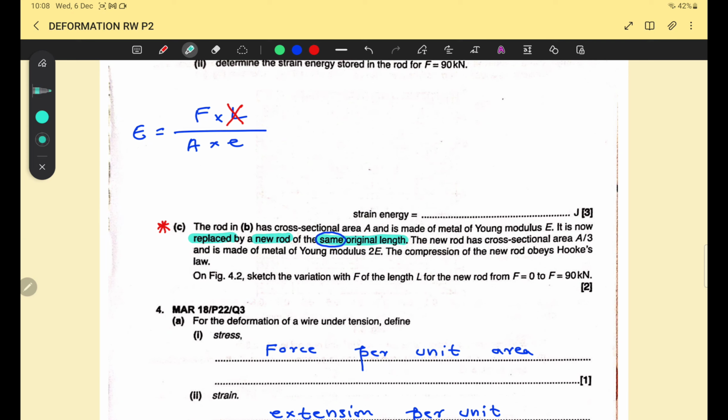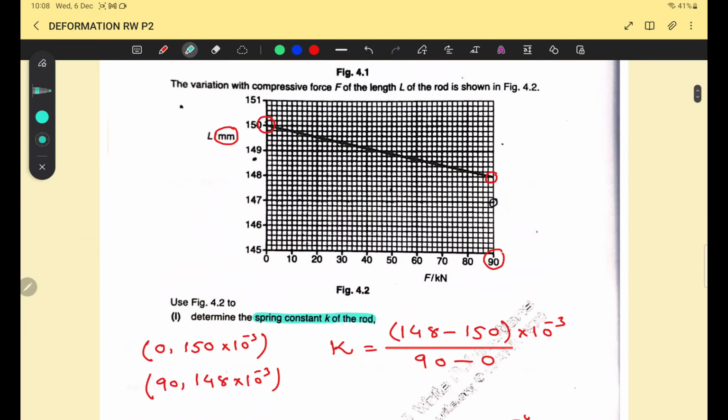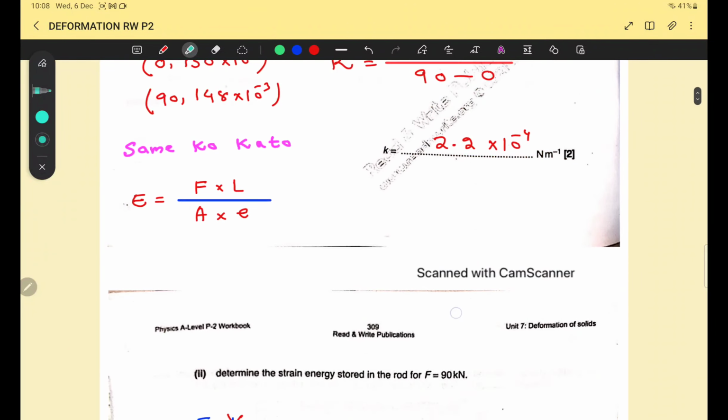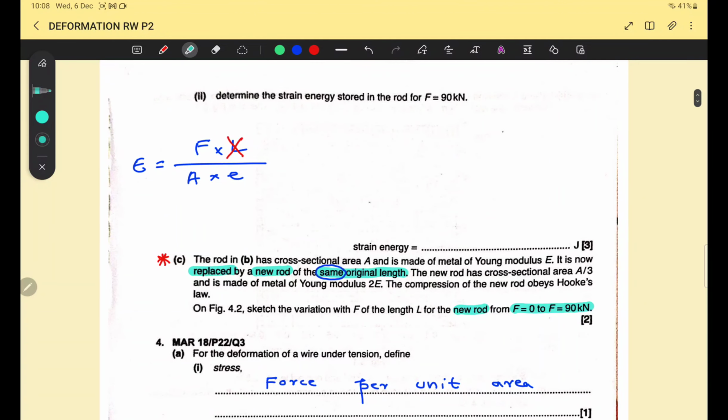Now read more of the question. Sketch the variation of force against length for the new rod from 0 Newton to 90 kilonewton. Actually, in the last class, the force was 0 Newton to 90 Newton, and for this new rod, the force value again remains 0 to 90 kilonewton. It means force will also remain the same.